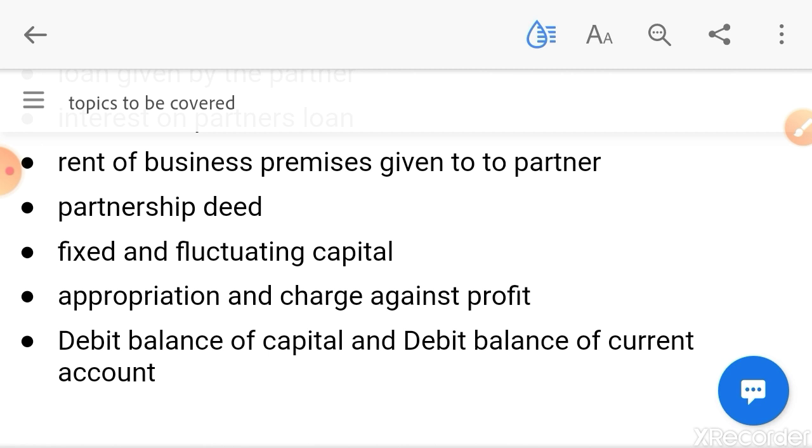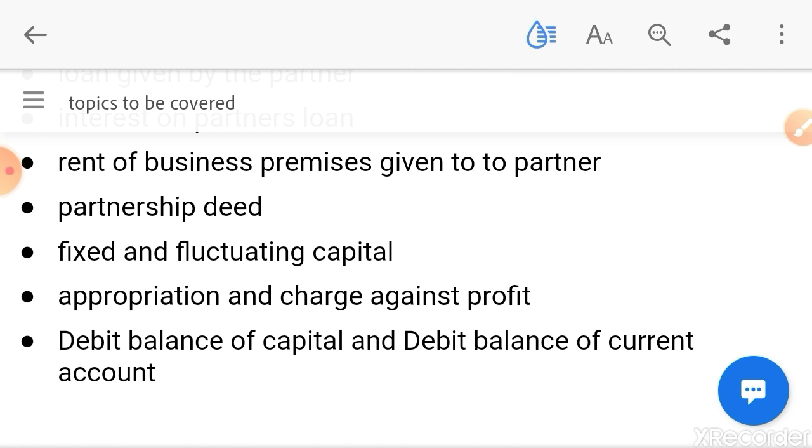Now, debit balance of capital account and debit balance of current account. See, when the capital is overdrawn, for example, you have invested capital of rupees 1 lakh in the business, and after 2-3 years you have withdrawn more than 1 lakh out of capital, so it is termed as capital overdrawn, and that is the debit balance of the partner's capital. It will be shown on the debit side of the partner's capital account as balance brought down, and in the balance sheet it will be shown on the asset side.